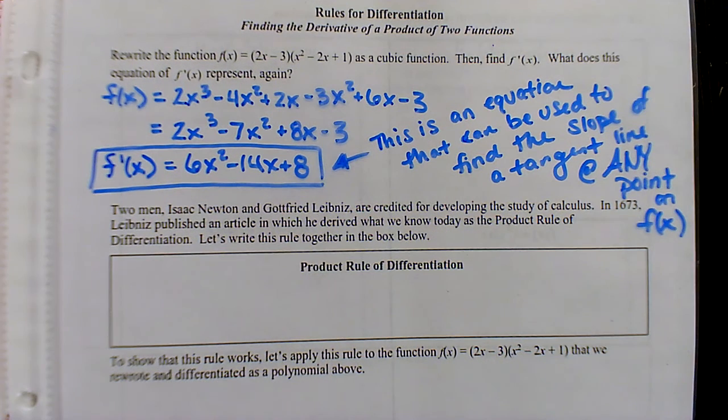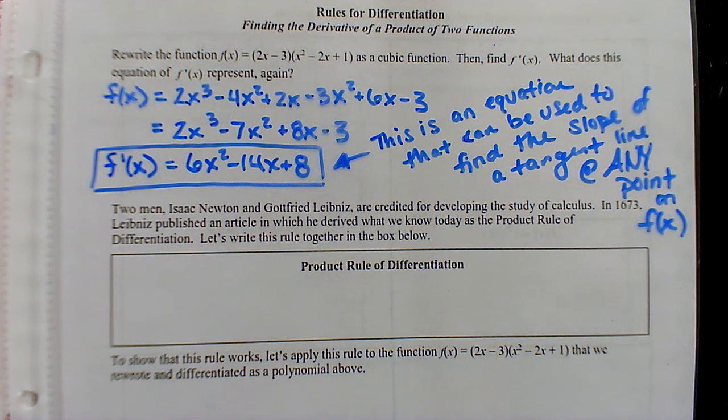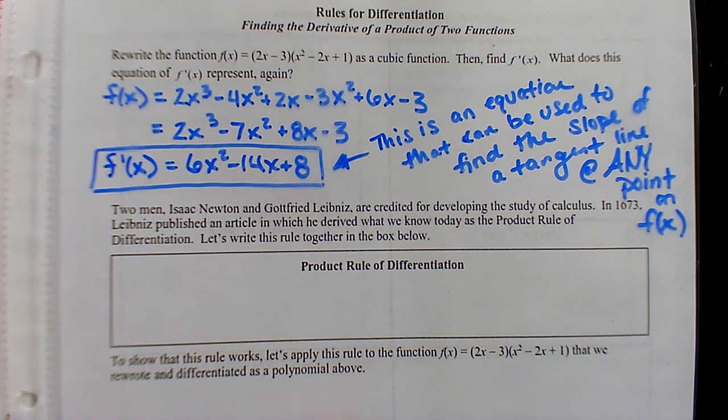For our history buffs in here, though, there is kind of some controversy over calculus and who discovered it. I'm sure you guys have heard of Isaac Newton before, right? Okay, but there was this other dude called Gottfried Leibniz, really crazy looking dude or character. If you Googled him, he has like that French style haircut with all the curls.